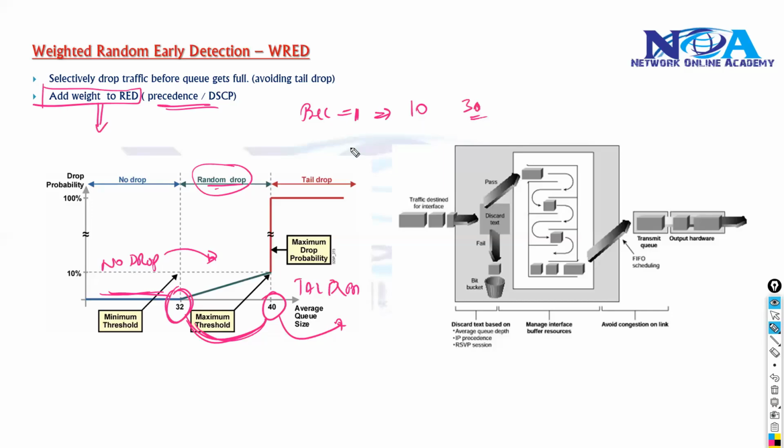And if the precedence value is 5, I can say the minimum threshold will be, let's say, 25, and the maximum is 30. So we can have differentiated minimum and maximum threshold values for different marking values, and accordingly it will work.